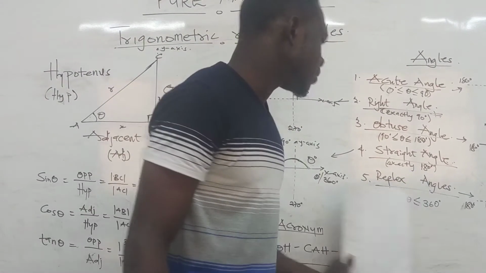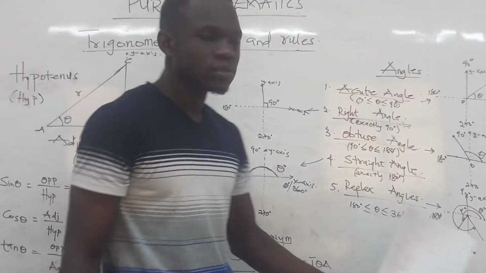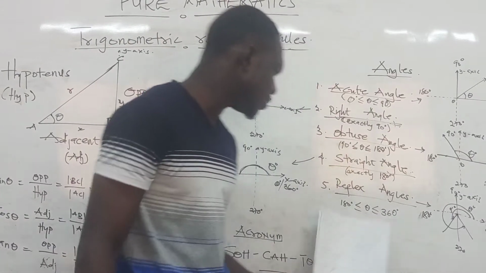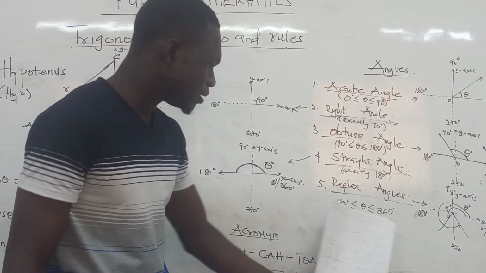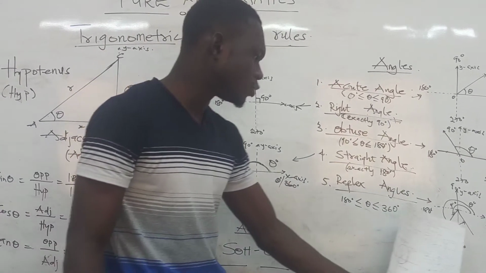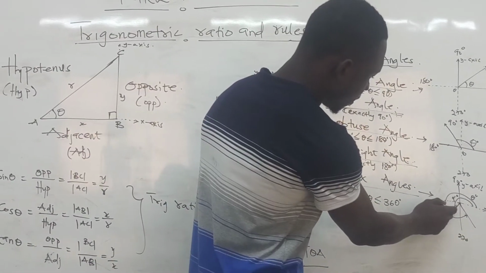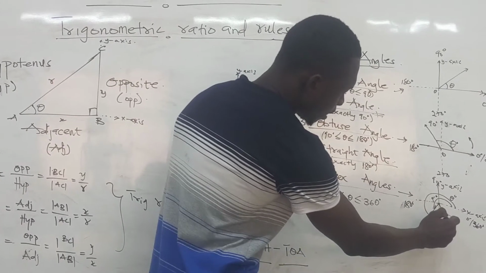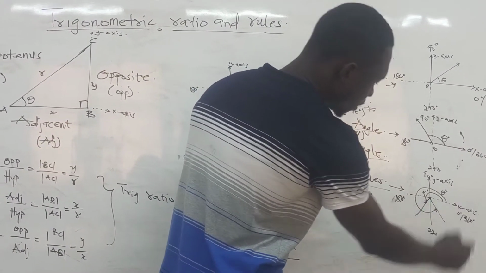Now the reflex angle. Finally, the reflex angle is an angle that falls between 180 degrees and 360 degrees. So considering angle theta, it ends up here, between 270 and 360 degrees.